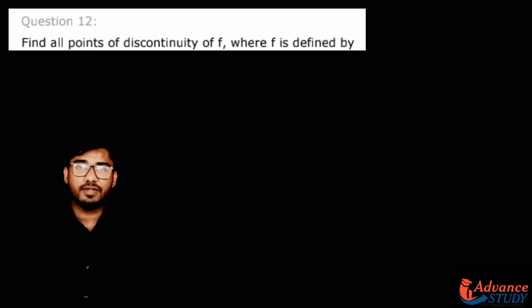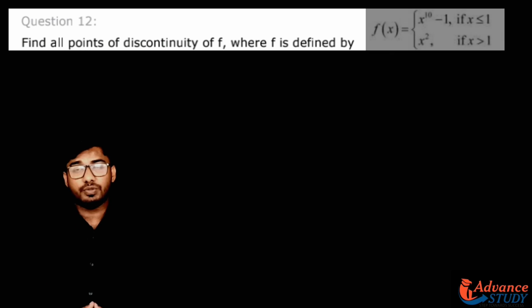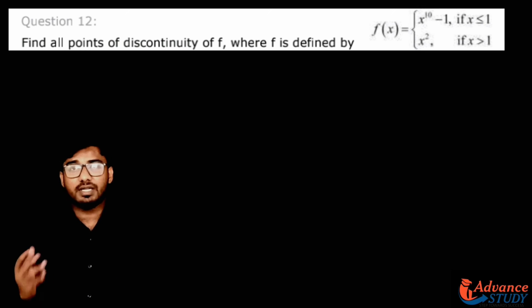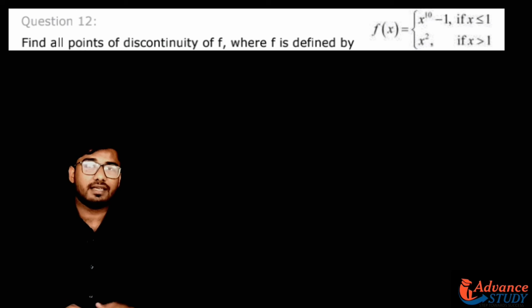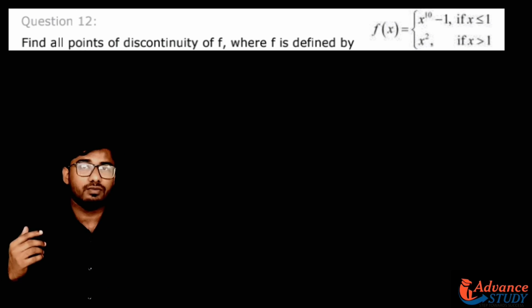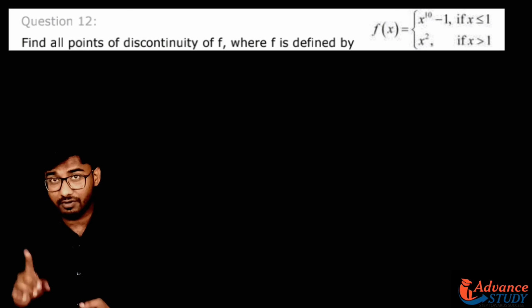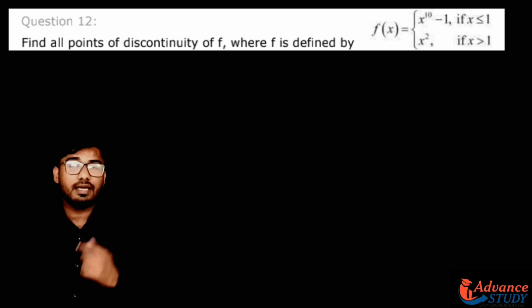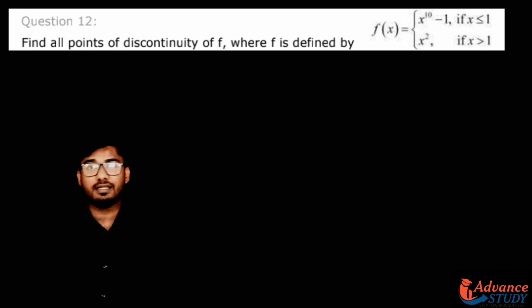Okay, again question number 12. Find all the points of discontinuity of f, where f is defined by f(x) is equal to x to the power 10 minus 1 if x is lesser than or equal to 1, and x square if x is greater than 1.